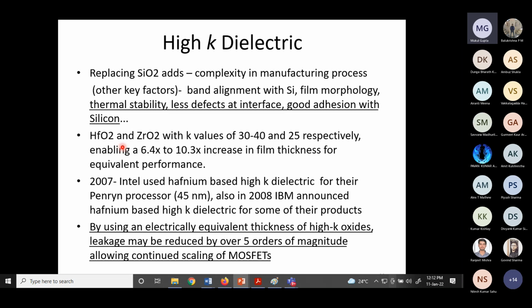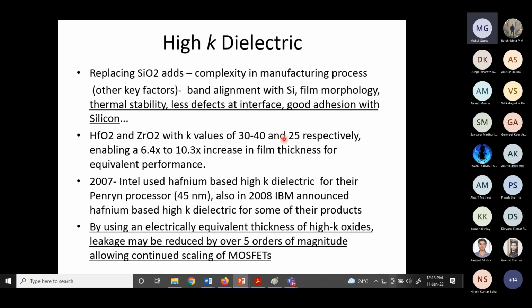SiO2 has a dielectric constant around 3.9, whereas sorry, I am making a mistake. HfO2 has a dielectric constant around 30 to 40, whereas ZrO2 has a dielectric constant around 25.